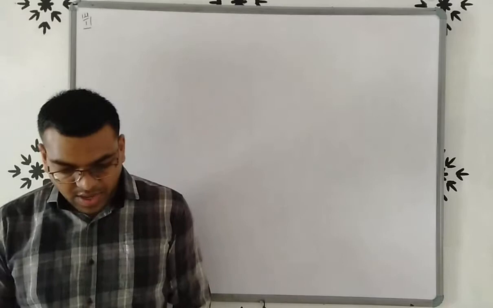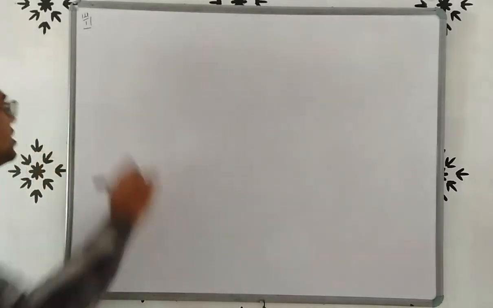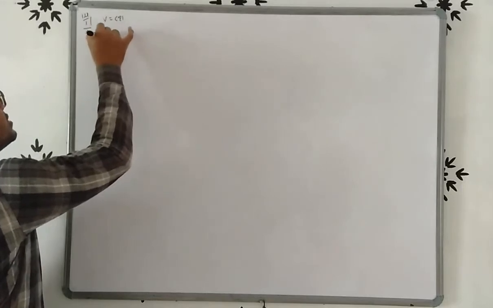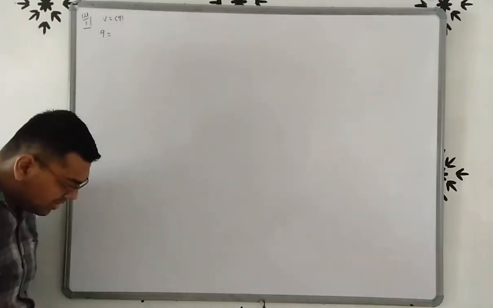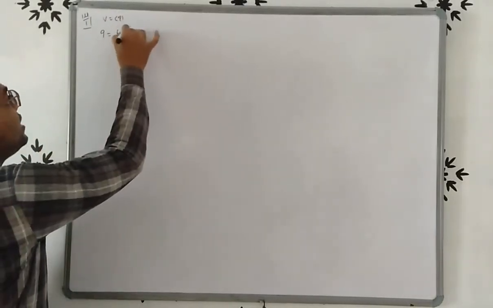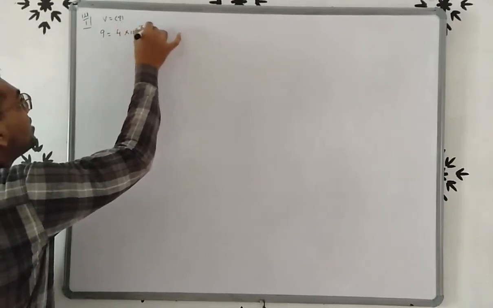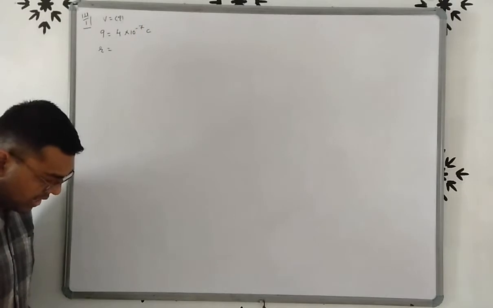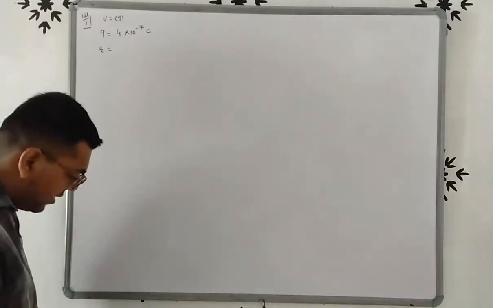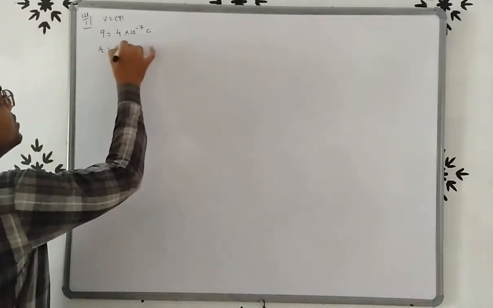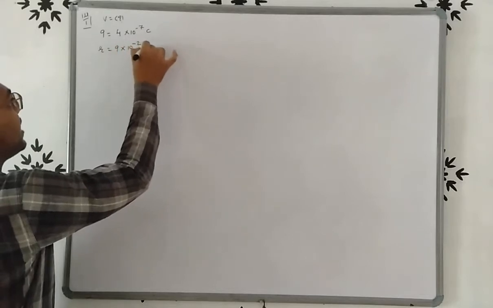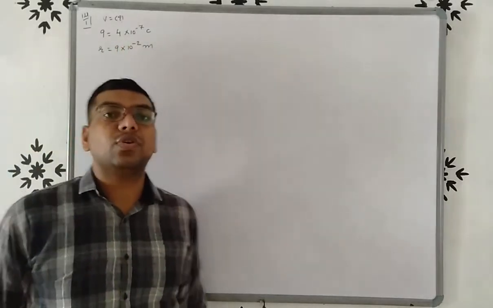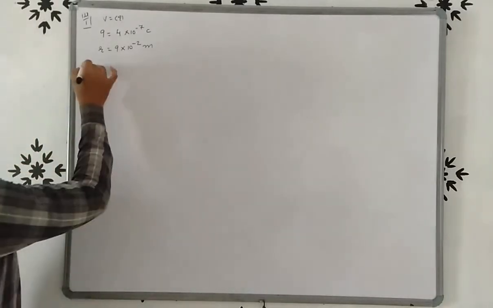So here friends we have to find out the potential, so we have to find out V. Here charge Q is equals to 4 into 10 raised to minus 7 coulomb, and we have to find out potential at 9 centimeter away. So 9 into 10 raised to minus 2 meter, right? So we know the value of Q and R. We have to find out potential V.